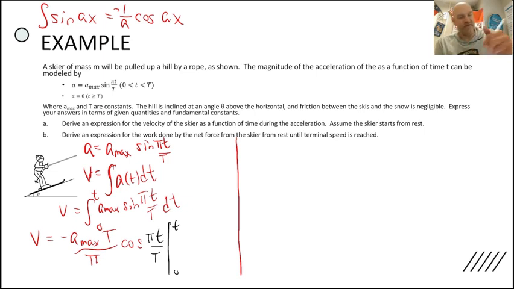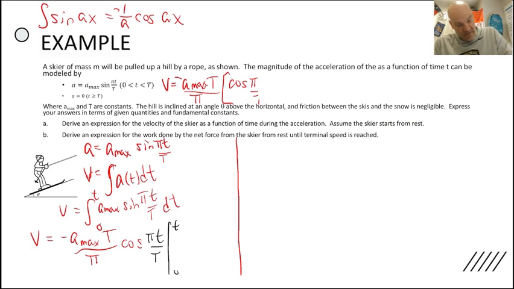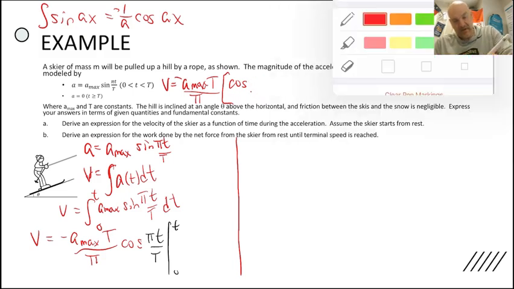And so what happens is when you substitute that in, I'm going to write it up here a little bit, you will end up with velocity equals negative a max T over pi. That's going to be constant. And we're going to have our parentheses. We're going to have cosine pi t over T. And what happens is if I want to bring that negative sign in, because that negative sign is actually from the integral component. So I'm going to change this up a little bit.